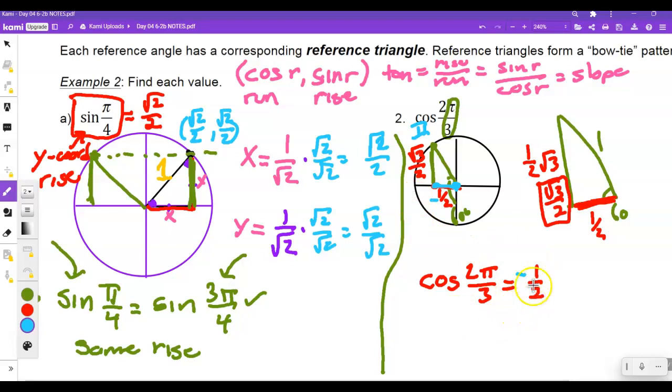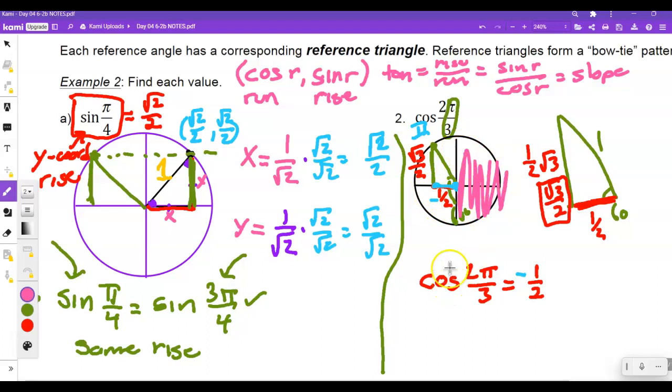All right, and this is going to be the same as what other angle? So over here, I saw that the rise of pi over 4 and 3 pi over 4 are the same. What other angle has the same run, the same cosine? And where is it? Now cosine is the run, right? So this is negative 1/2. So it has to be negative, so it can't be here.